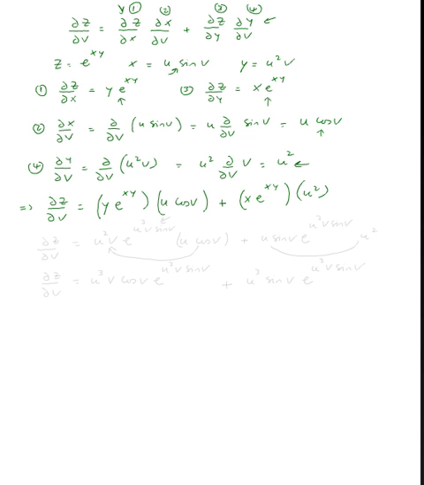Now these, we already plugged them in. Let's do it again. So what is y? Y is u squared v e. We need to replace the x and y by its value. xy, we already did that earlier. It's going to be u cubed, same thing, u cubed v sine v.